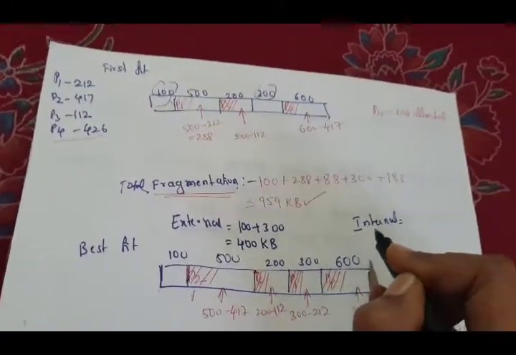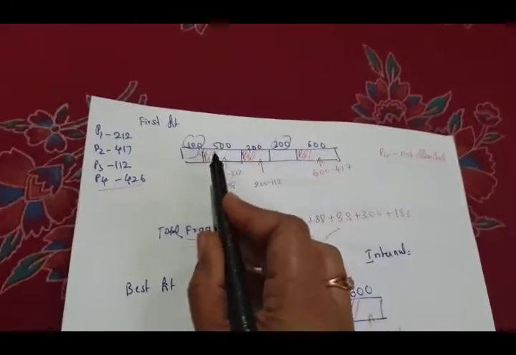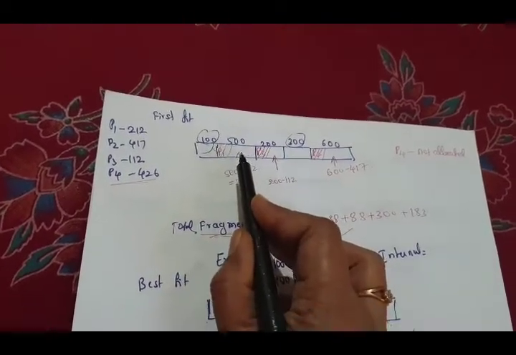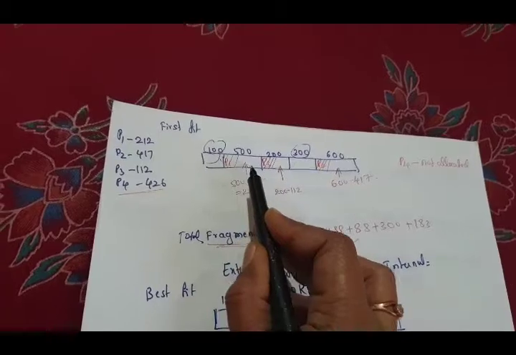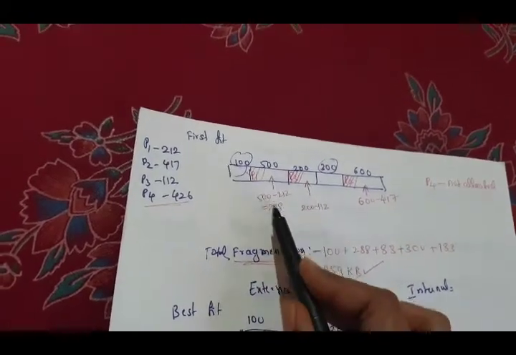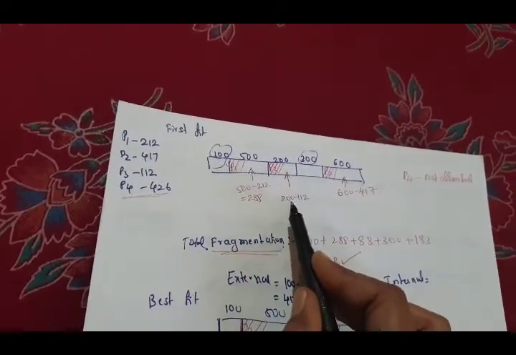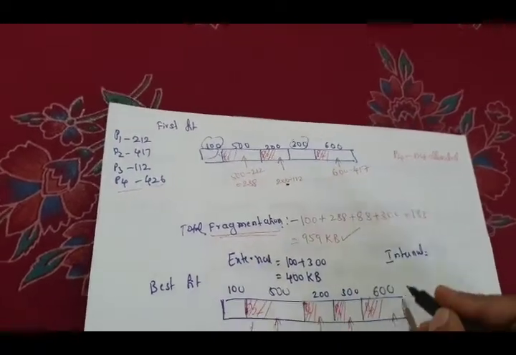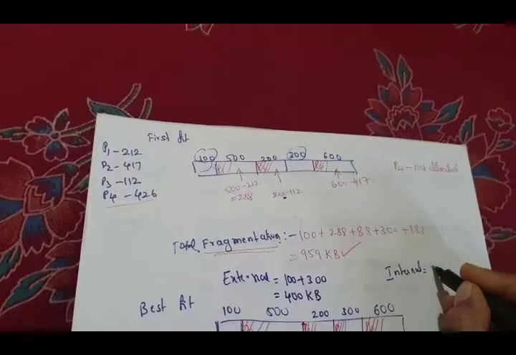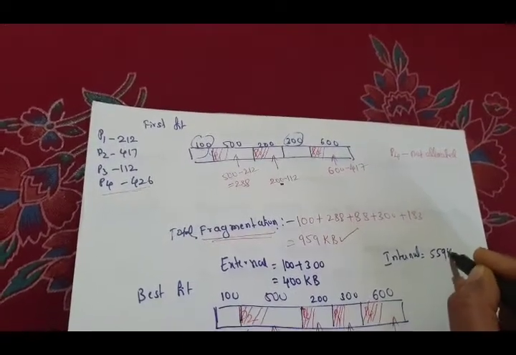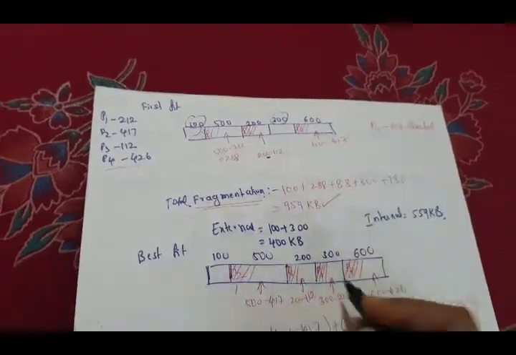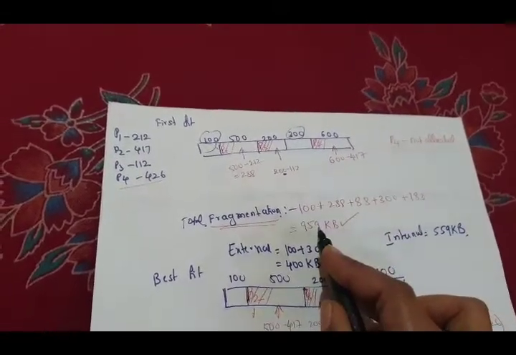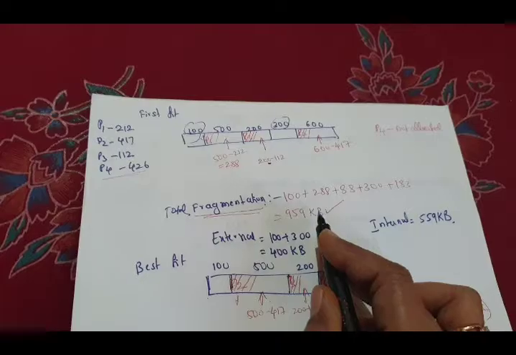Internal fragmentation is the small holes left out within a block, which are internal to that particular block. So this is 500 minus 212, plus 200 minus 112, and 600 minus 417. That will be around 559 KB. When you take the sum of this, 400 plus 559, we get 959 KB, which is the total fragmentation.